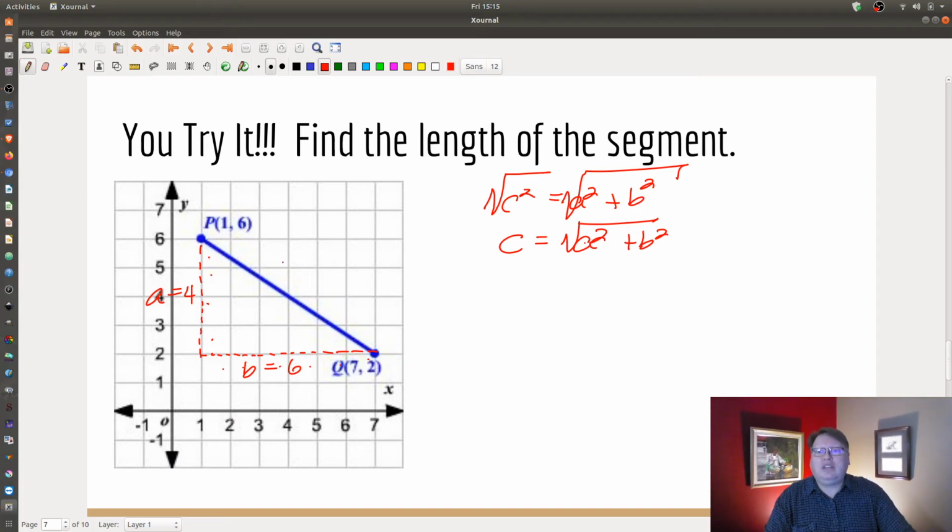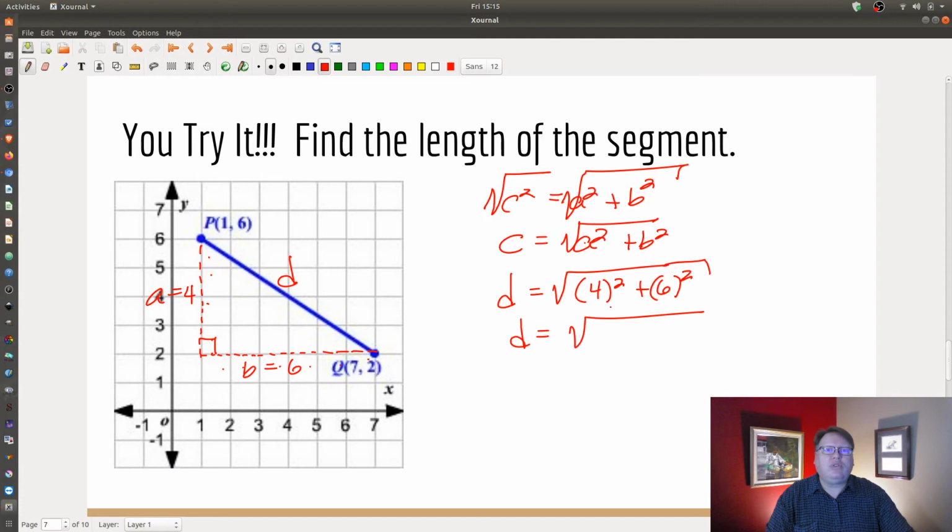So c is actually equal to the distance here. It's your hypotenuse. It sits across from the right angle. So I'm going to plug in: d is equal to the square root of a squared, a is 4, plus b squared, 6 squared. And I get d is equal to the square root of 4 squared, which is 16, plus 6 squared, which is 36.